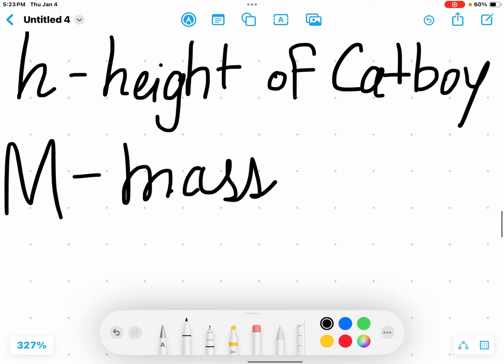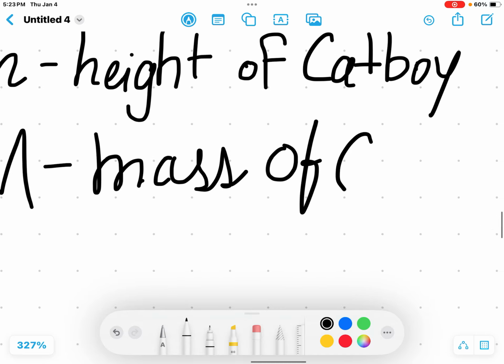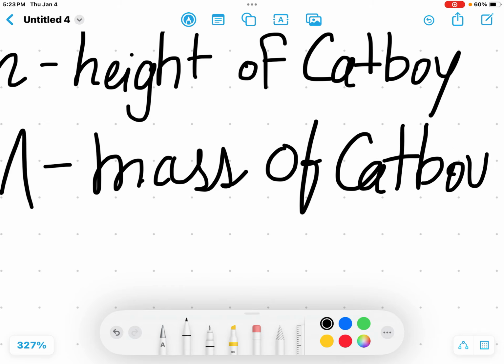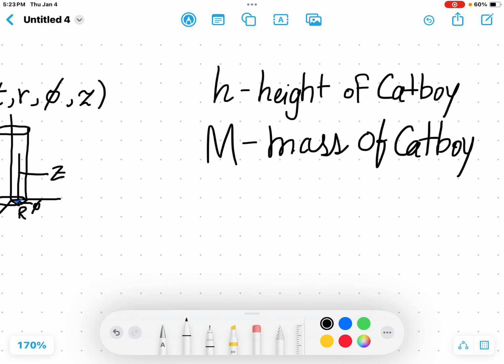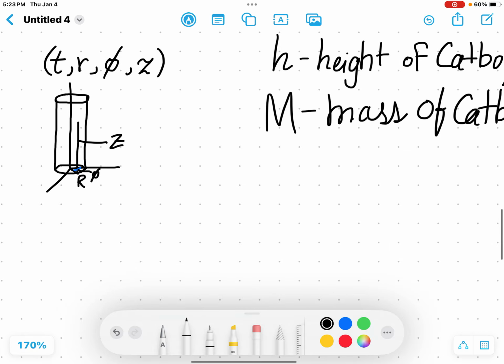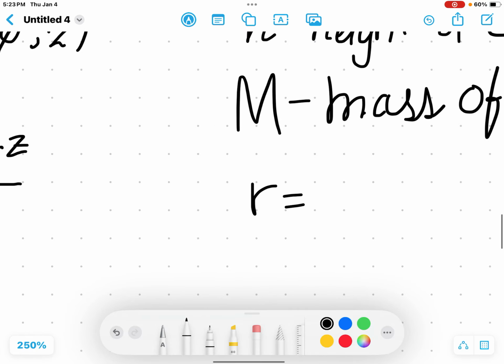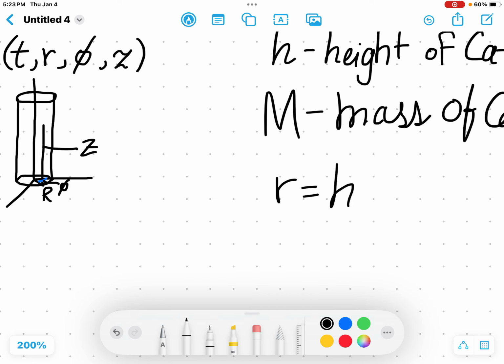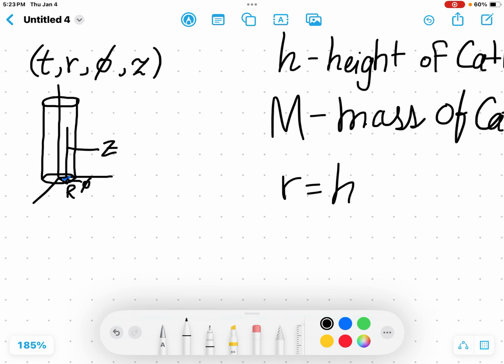But instead, what I do is set r equal to h, and the mass stays the same.